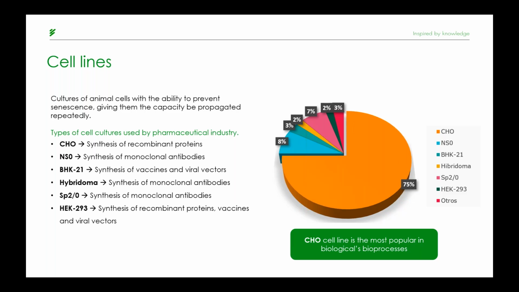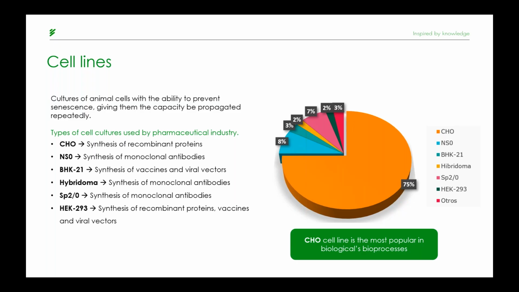SP2 cells also come from a lymphoma, like NS0. And finally, HEK, these cells come from human kidney, and they can be used for the synthesis of recombinant proteins, vaccines, or even viral vectors.